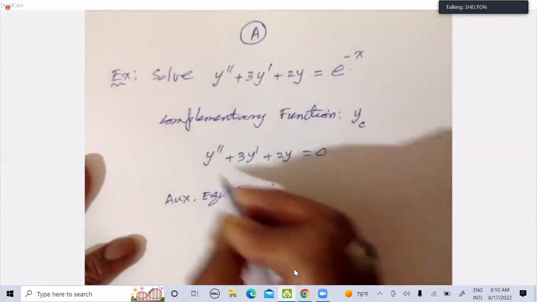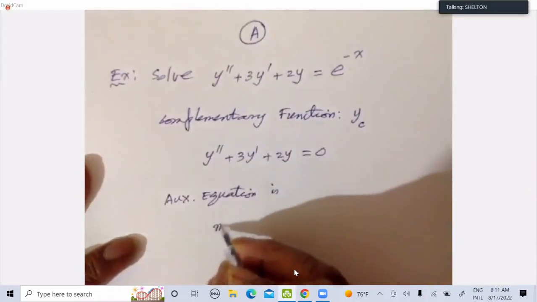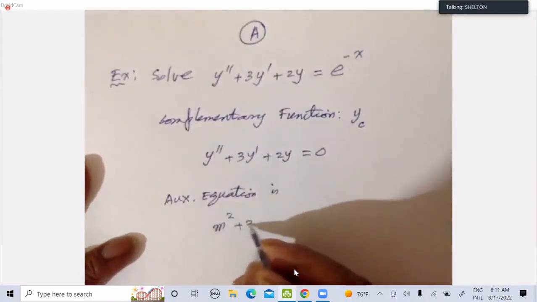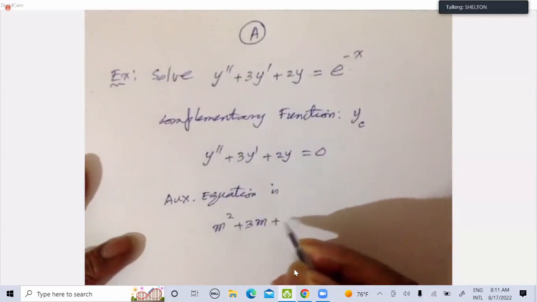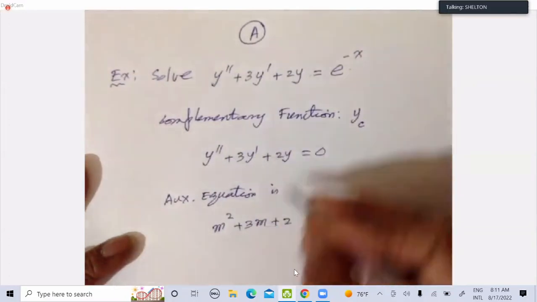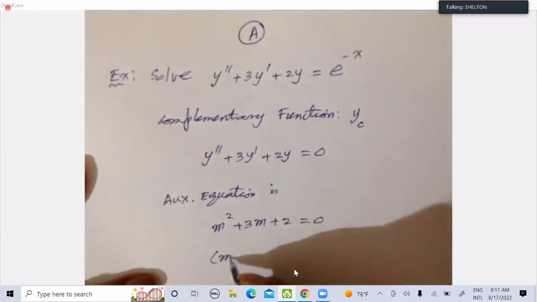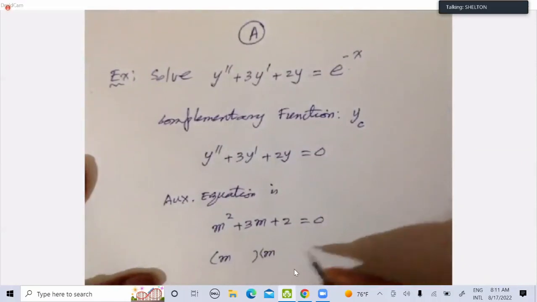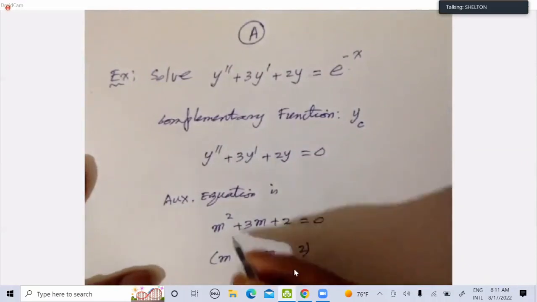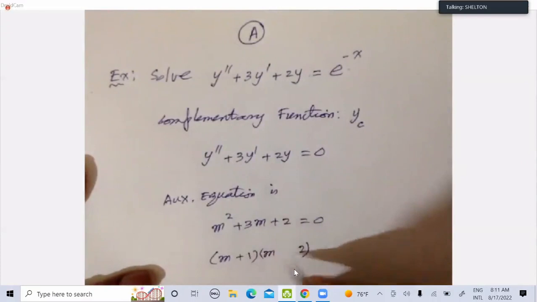The auxiliary equation is, we know double dash becomes m squared plus 3m, plus y dash becomes m, y becomes 1, equal to 0. This factors quickly, the two factors are 2 and 1 to get 3, and all are pluses.